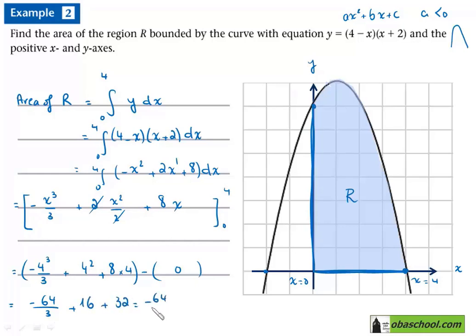Minus 64 over 3 plus 48, which is over 1. The common denominator is 3. Minus 64 plus 3 times 48, which is 144. The answer is 80 over 3. This is the area. It also could be represented as 26 and 2 over 3.